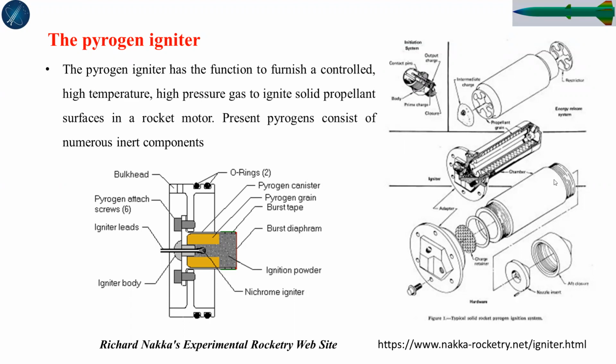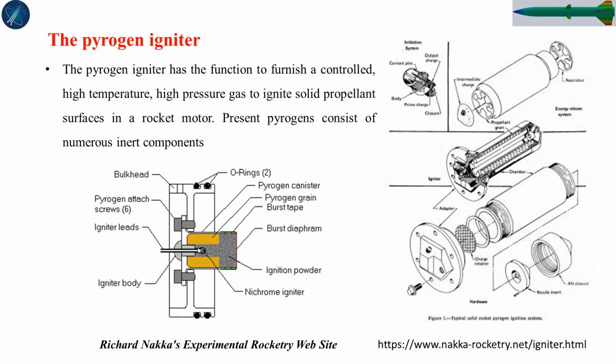These are the exploded drawings of the pyrogen igniter components. It has an aft end cap, and from this side another end cap is there. There are containers. By itself, it is actually a small rocket. This is a half cross section of the igniter.